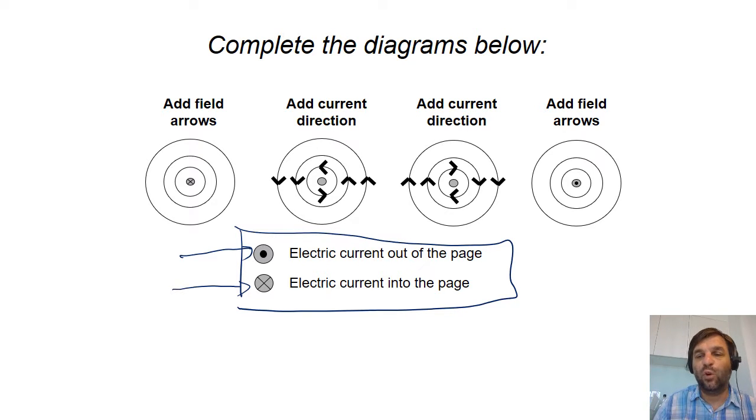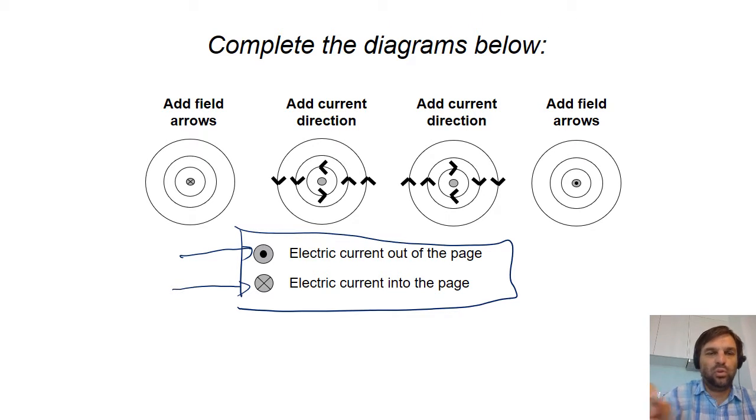Okay, so let's do these 4 examples now. In the first one, we've got to add the field arrows. Here is our trusty wire example. We're told that the electrical current is going away from us. So we get our right hand and move the thumb so it is moving into the page, and you'll notice that the field is therefore going clockwise.